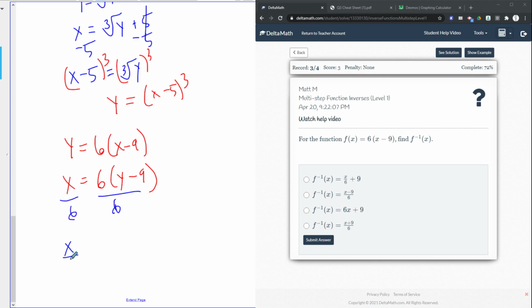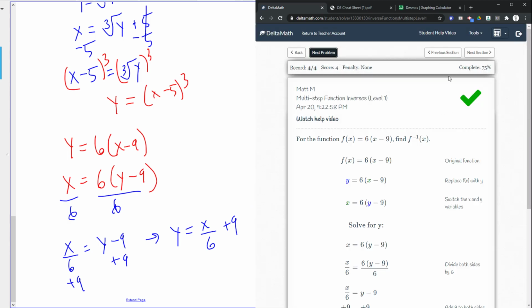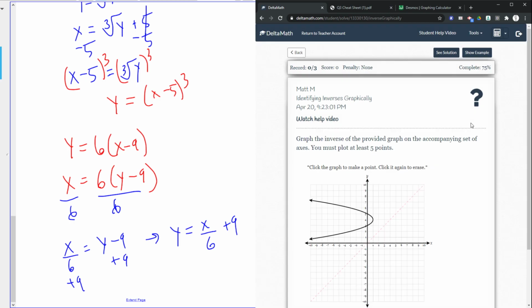So we have x over 6 equals y minus 9. Add 9 to both sides. So we have x over 6 plus 9. Does that match an answer choice? Looks like it. Okay, I think we're almost done.